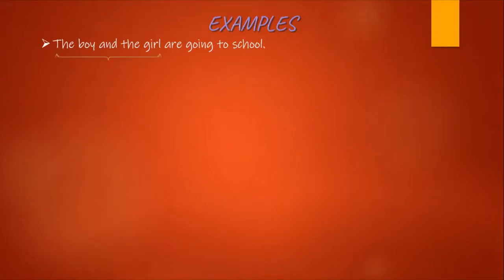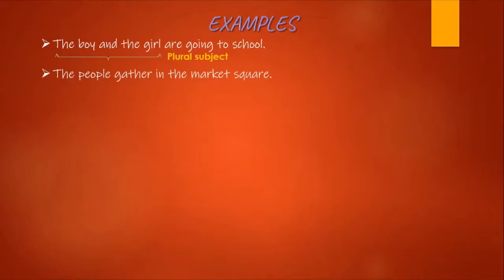So, for example, we have: the boy and the girl are going to school. Now, if you pay attention, what we have here, the boy and the girl, this entire thing is the subject. And not just any subject. We have two elements, boy, girl. So this is a plural subject. Similarly, we have: the people gather in the market square.